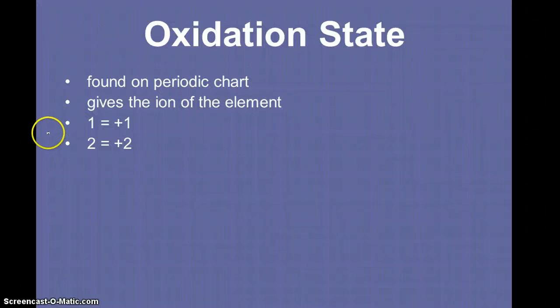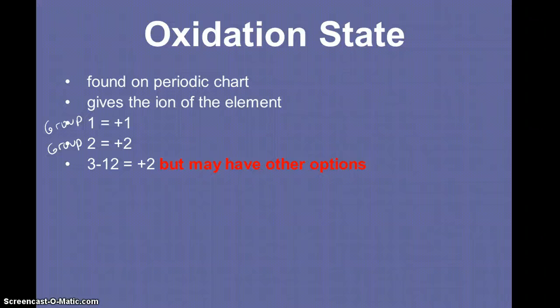All the elements in group 2 have a +2. In other words, group 1 tends to lose 1 electron, making it more positive. Group 2 tends to lose 2 electrons, making it a positive charge. Remember, anytime an element loses electrons, it becomes more positive.